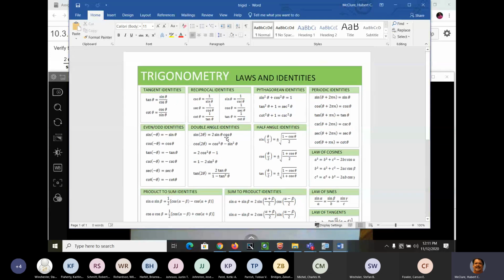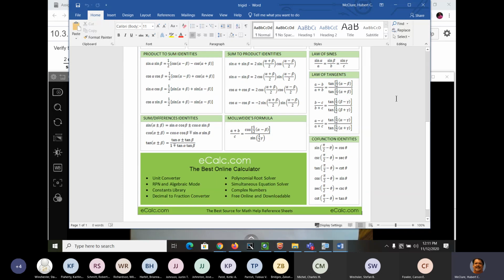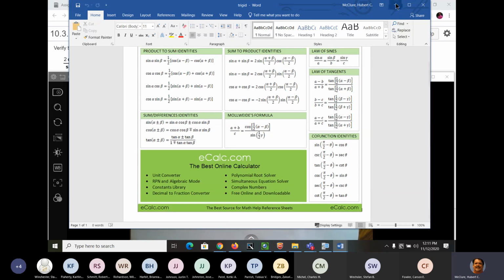Two sine cosine equals sine of 2 theta. I'll have to come back on that one because I don't know what I've done wrong. Let me get on to the next one.